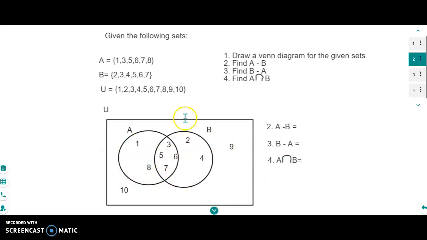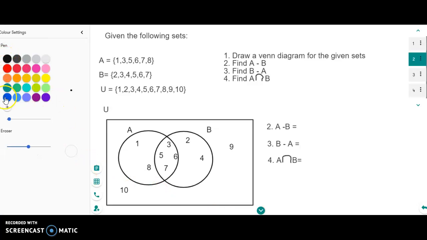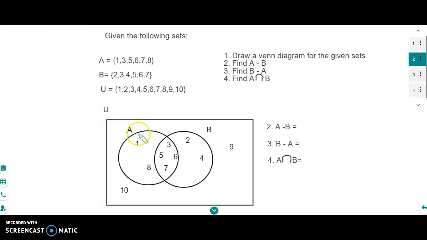Now, it's easier to recognize the difference of sets because we already have the Venn diagram, so let's start with the first one. In the second statement, we need to find A minus B. So do you remember what was the region between A minus B? Okay, so I will write it here in blue so we can identify this much better.